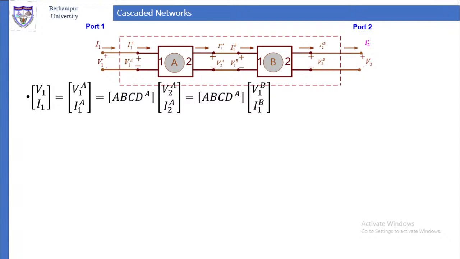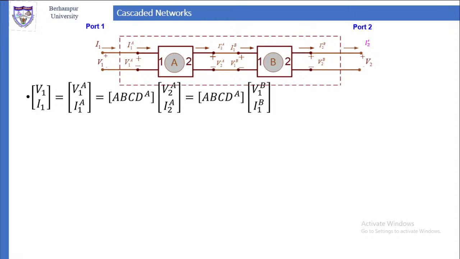Now if I take the whole network as a single network combined together, then the input current is I1. At the input port, the voltage is V1. Similarly, at the output port, voltage is V2. Current going out at the output port is I2.